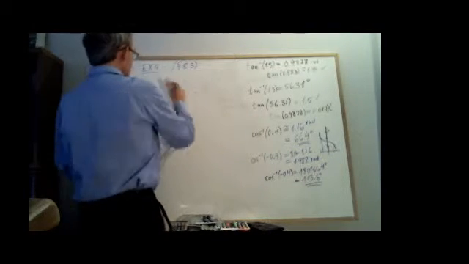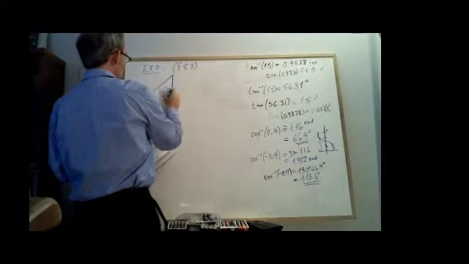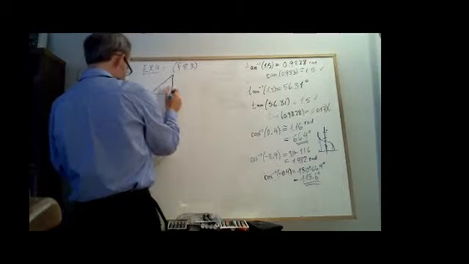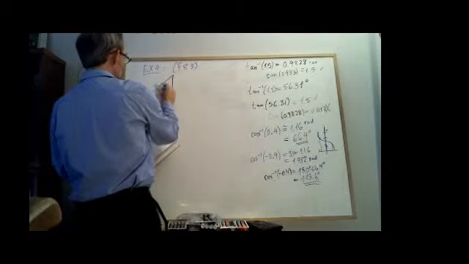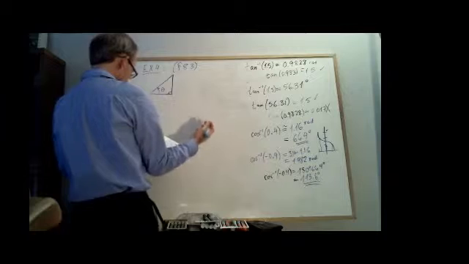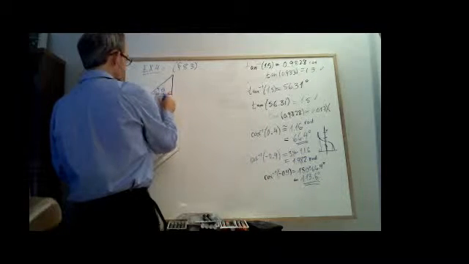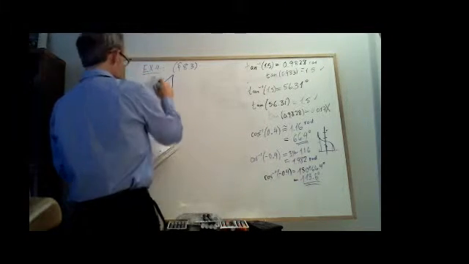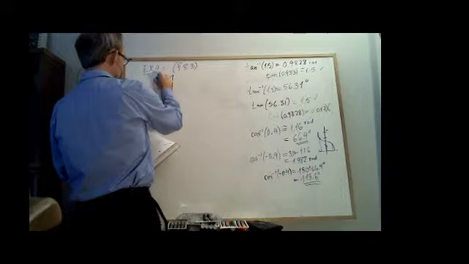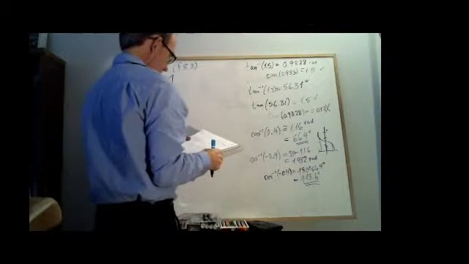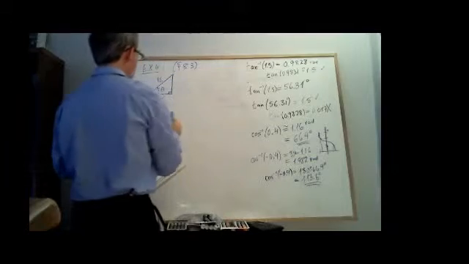Here we have a right angle triangle. This angle is given as theta. We don't know what it is, but we know that two of the sides are 9 and 12. And we need to find this angle.